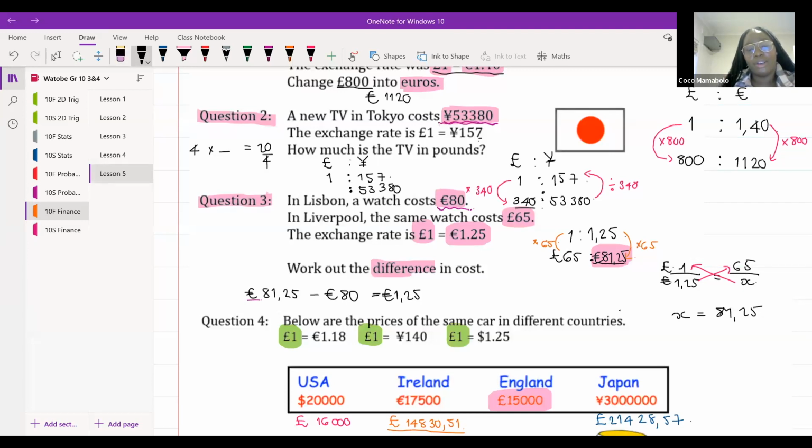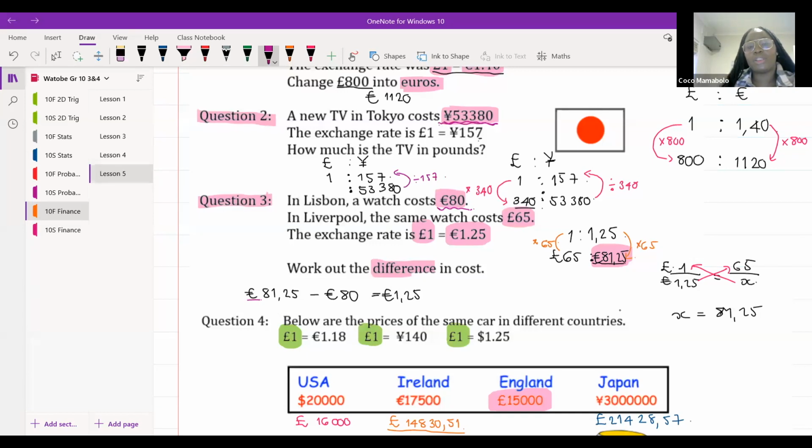So we do the same thing in reverse: 53,380 divided by 157. How much does that give us? 340.